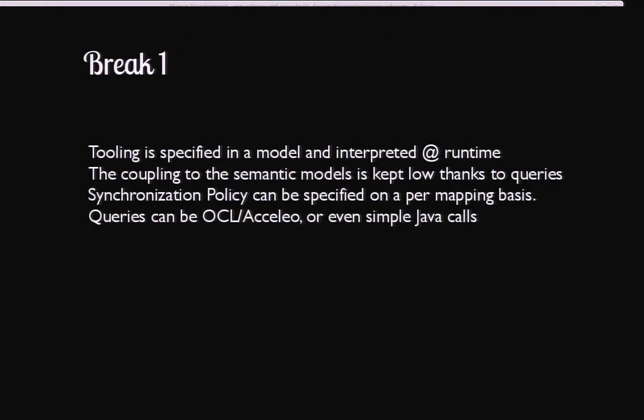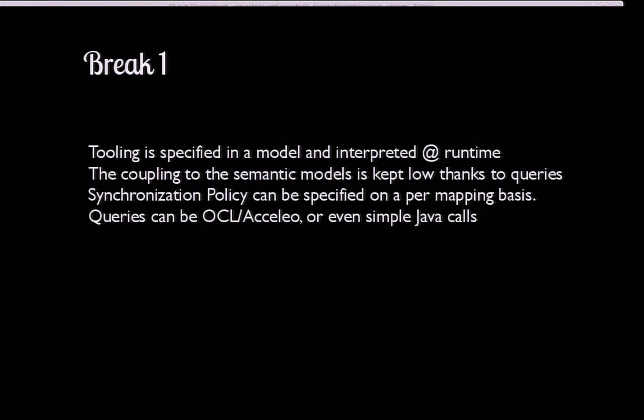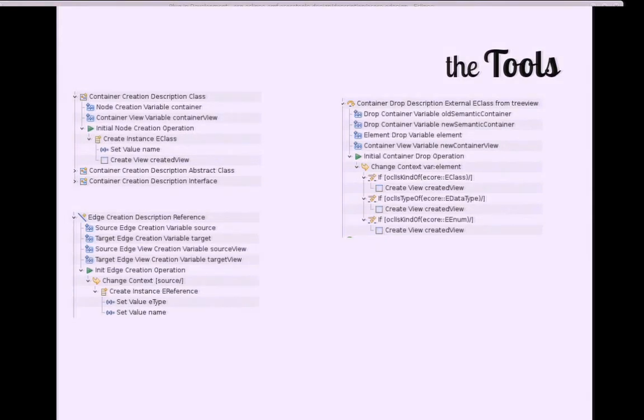So tooling is specified in a model and interpreted at runtime. The coupling between the semantic model and your graphical model is very low because it's based on queries. The synchronization policy can be specified on a per mapping basis, and you can use queries in OCL or Acceleo or whatever.